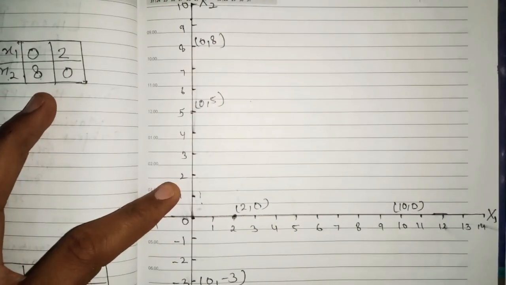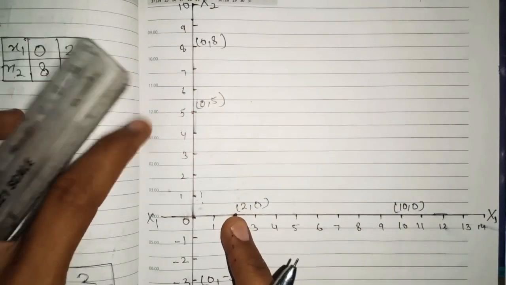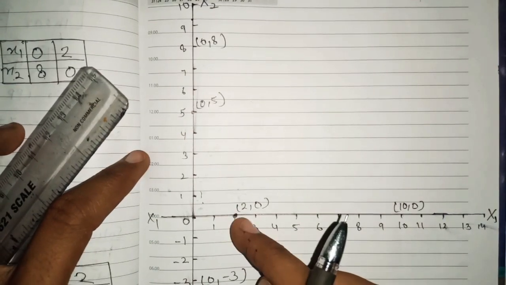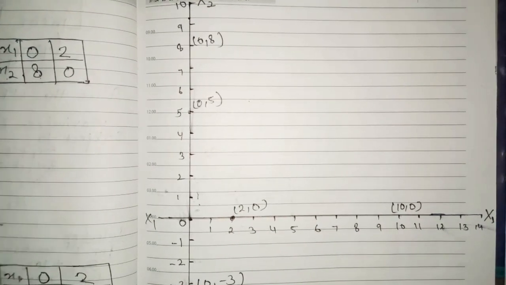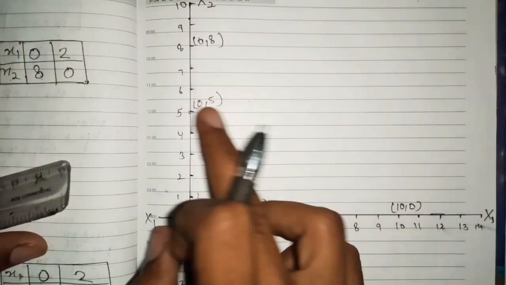Now we join the first constraint points to each other, the second constraint points to each other, and the third constraint points to each other. Our first constraint points are 0, 5 and 10, 0.